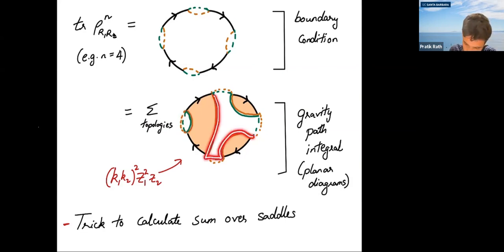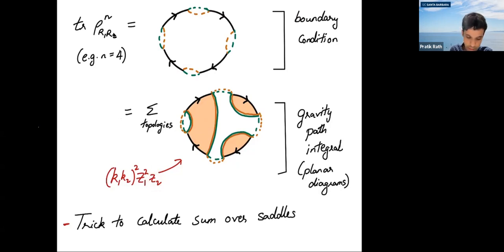There's one here and there's one here. These lead to factors of the number of flavors, so it goes with a factor of k. And each of these geometries corresponds to some path integral calculation in JT gravity. So here we've represented these 2 as Z1 squared, where Z1 is the path integral with 1 boundary, and Z2 is similarly the path integral with 2 boundaries.